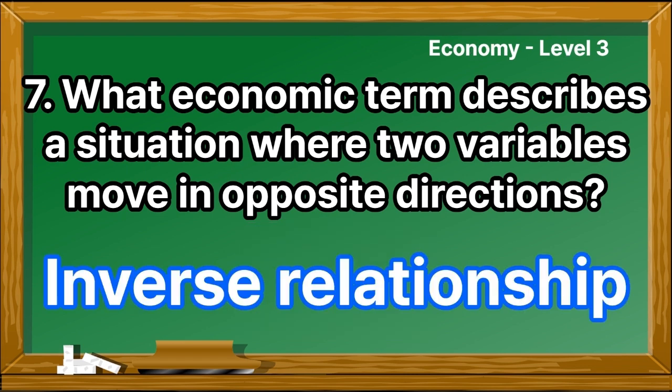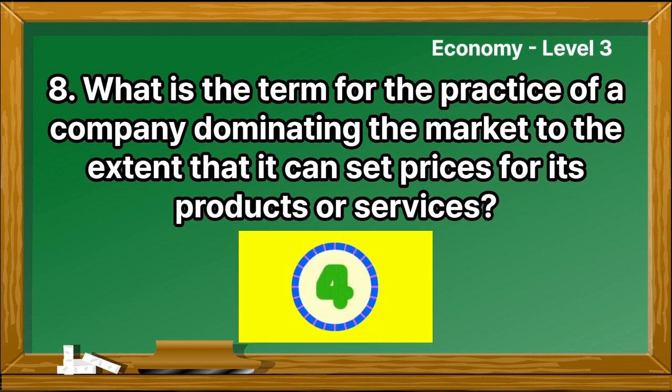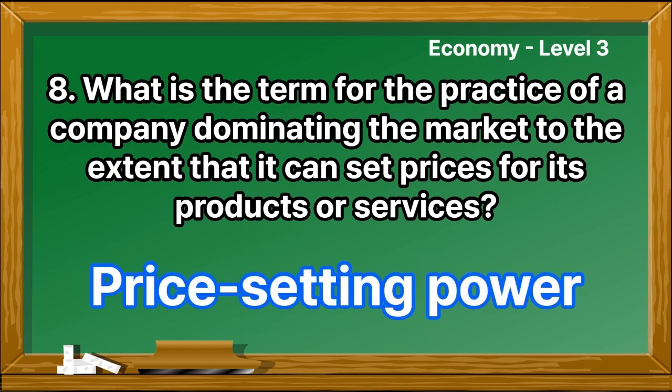Inverse relationship. What is the term for the practice of a company dominating the market to the extent that it can set prices for its products or services? Price setting power.